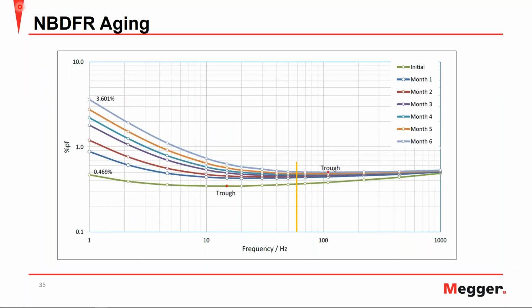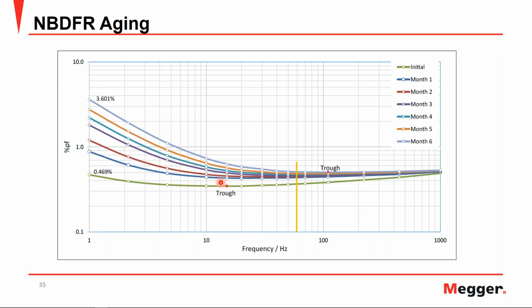Here we have narrowband DFR and how it looks as a transformer ages. In this condition, we had a transformer that was overloaded for 6 months and monthly measurements were taken. 500 hertz is here, so the cutoff is here, but we can see that our 60 hertz value does not change very much throughout the 6 months. But if we look at the 1 hertz value, it goes from 0.469, or 0.47 let's call it, to 6 months later being at 3.61, while your 60 hertz value doesn't change very much.